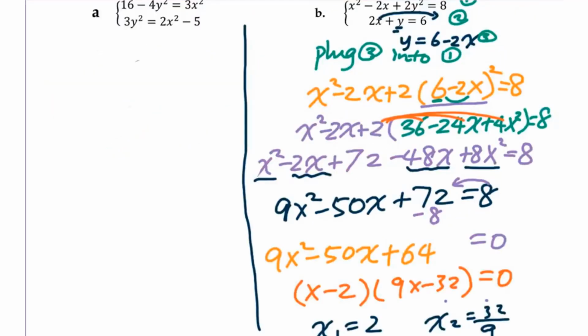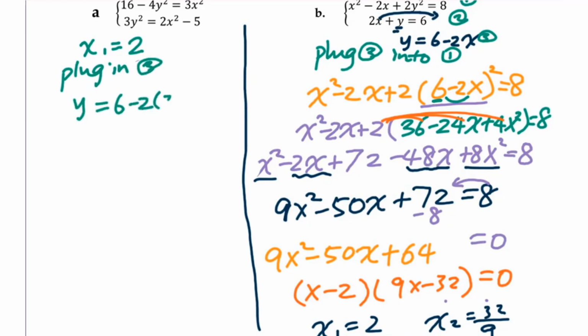Now we plug in when x1 equals 2. Plug in 3. You will get y equals 6 minus 2 times 2 equals 2. Therefore, (2, 2) is one solution. Then we plug in x2 equals 32 over 9.